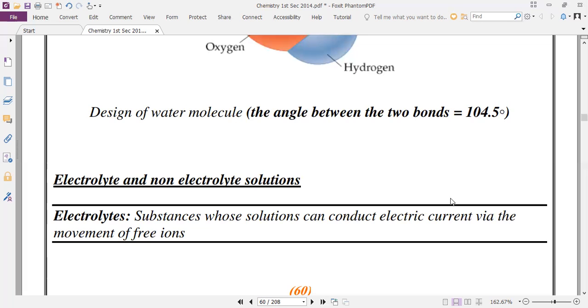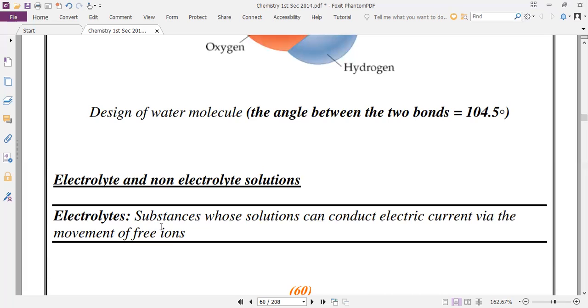So sodium chloride will be ionized completely into positive sodium ions and negative chloride ions. So it will be an electrolyte.